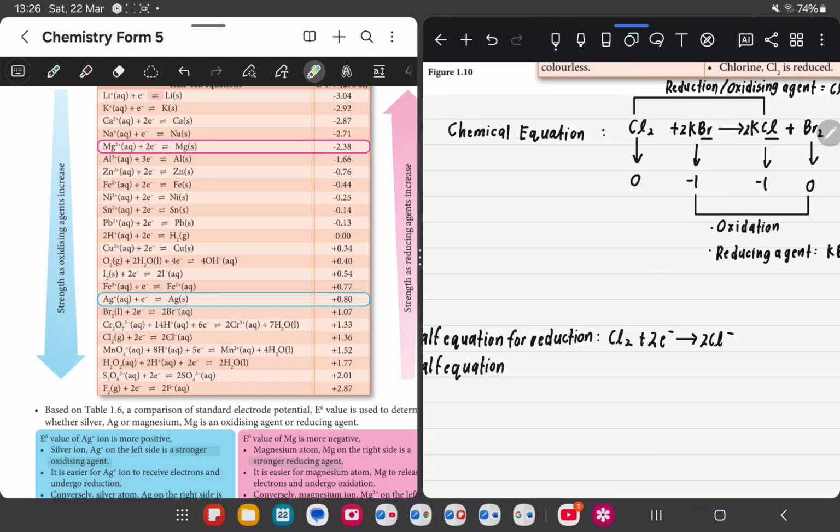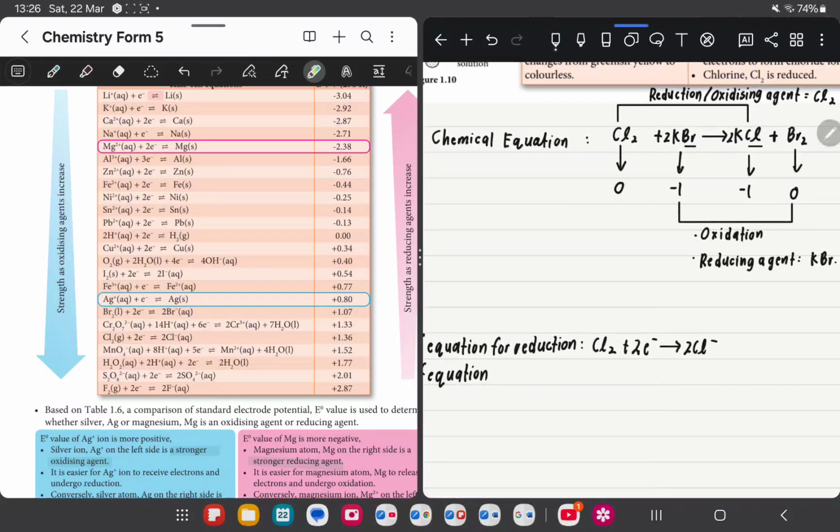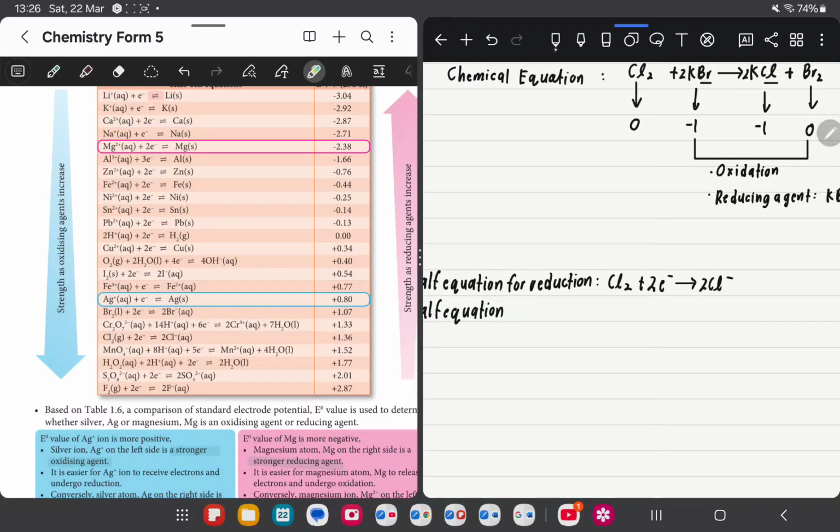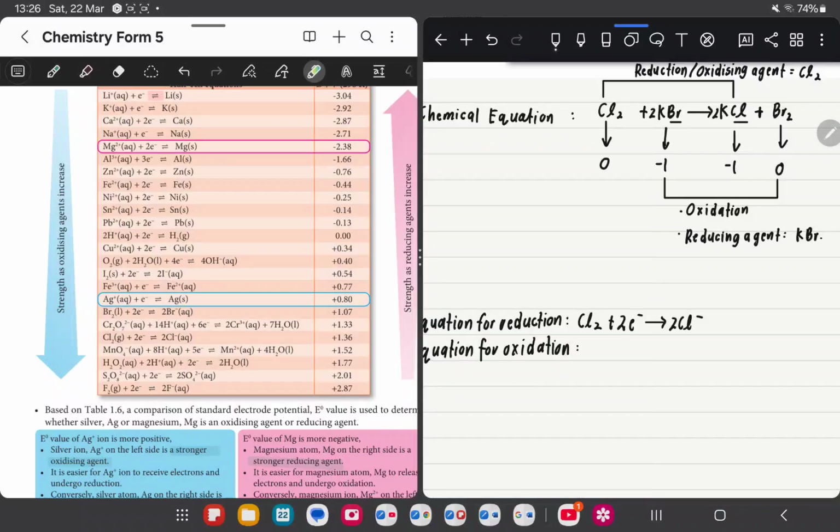Okay, reduction. Then this one, KBr and also Br2, which undergoes oxidation. So this one is the half equation for oxidation. So for oxidation, I must see whom? K or Br? The one that is involved is Br. So I must see Br. Find Br.